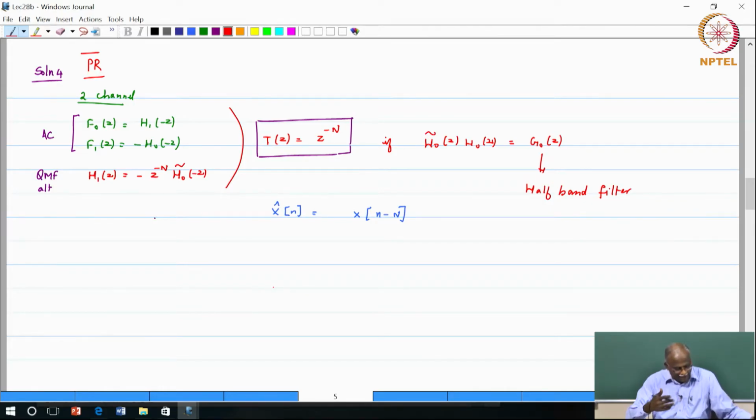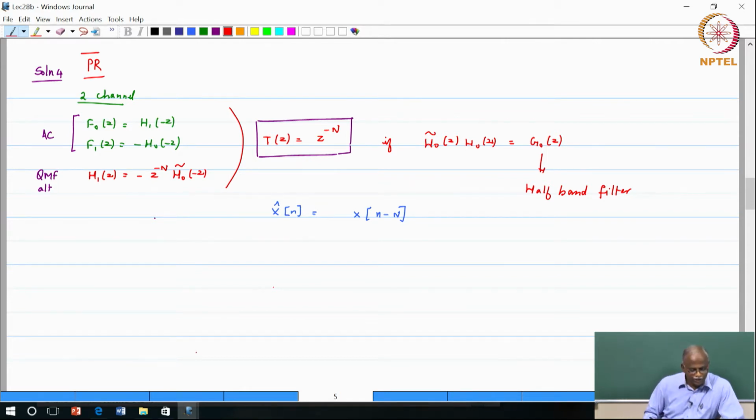It did take us a while to actually develop the perfect reconstruction solution. On the way we had to actually bring in the paraconjugation, because without the notion of paraconjugates this would not have been justified. Just out of the blue you pull something out, but the fact that we started to think about paraconjugate in the context of all pass functions and then eventually applied it in the context of the 2 channel case hopefully gives you a complete picture.